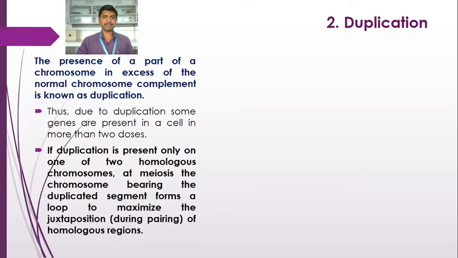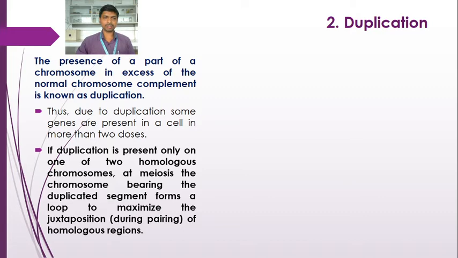If duplication is present only on one of the two homologous chromosomes, at meiosis the chromosome bearing the duplicated segment forms a loop to maximize the juxtaposition of homologous regions. Such duplication we call a duplication heterozygote.